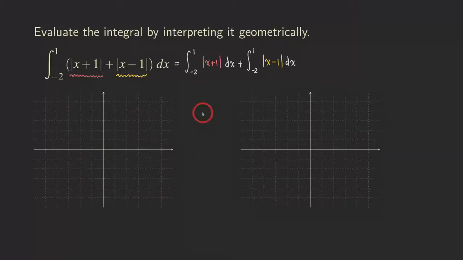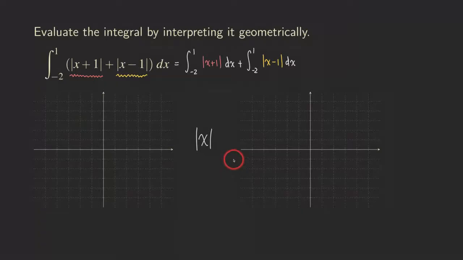First, if you just have the absolute value of x, you are going to get a V-shaped graph with the vertex at the point 0, 0, the origin. Then you have 1, 1, 2, 2, and 3, 3, and then -1, 1, -2, 2, -3, 3. That's how you construct the V-shaped curve.